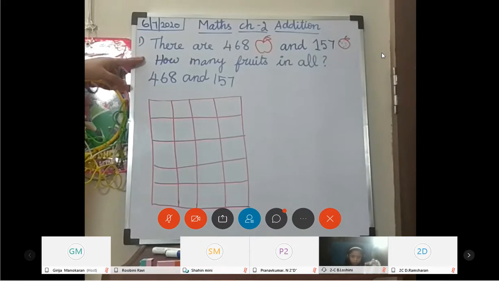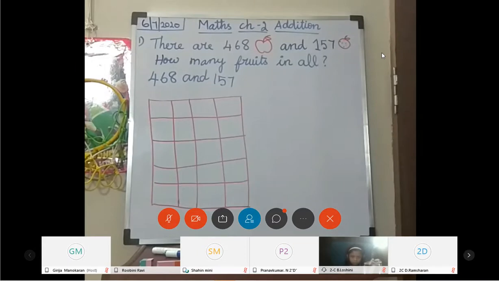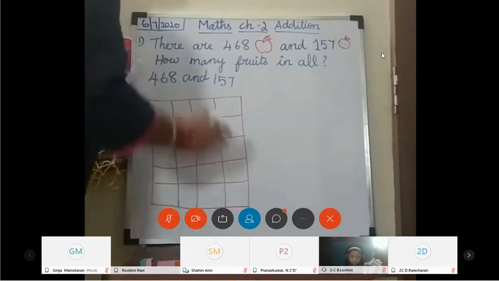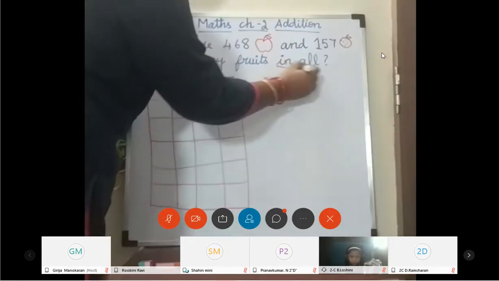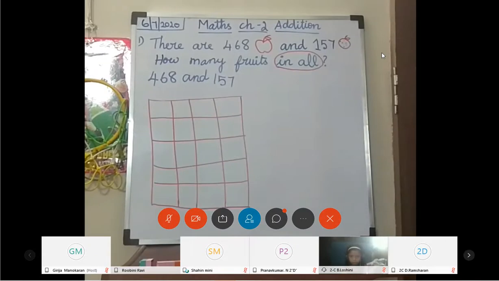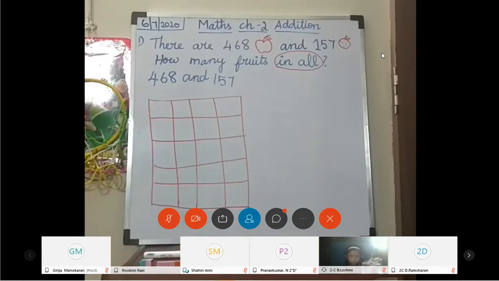How many fruits in all? "In all" is a key term of addition. So we are going to do the addition.